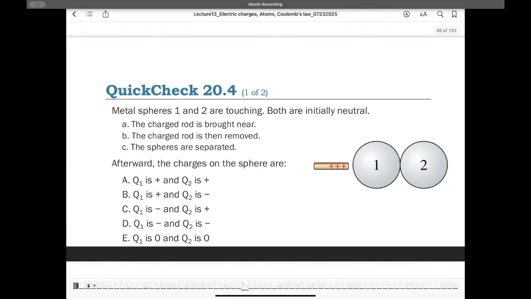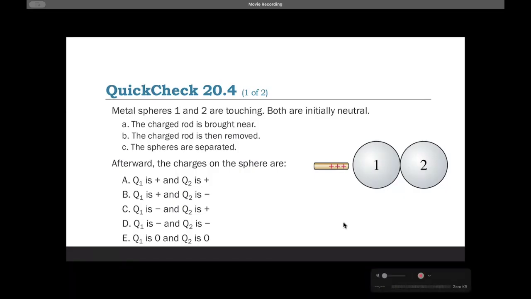Let's talk about the other one. The metal spheres 1 and 2 are touching. Both are initially neutral. If the charged rod is brought near, sphere 1 will have the polarization situation.